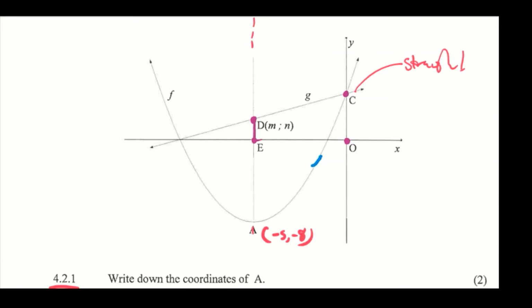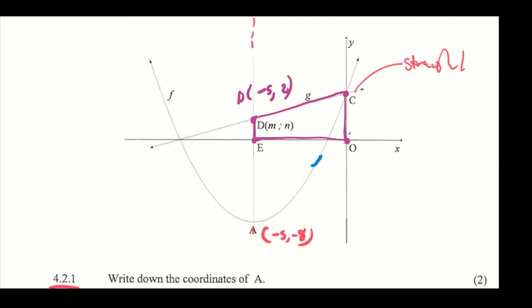So we want to find the area of this shape here, which looks like, yeah, it is a trapezium, right? So the D we now know is our m value we found to be minus 5, and our n value is 2, right?